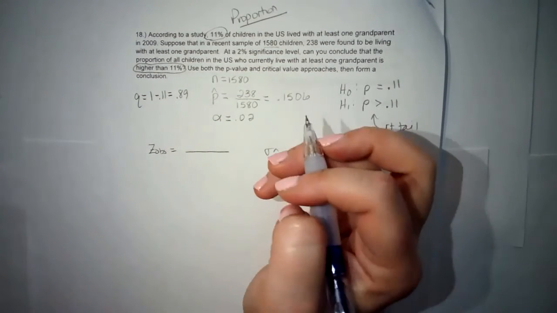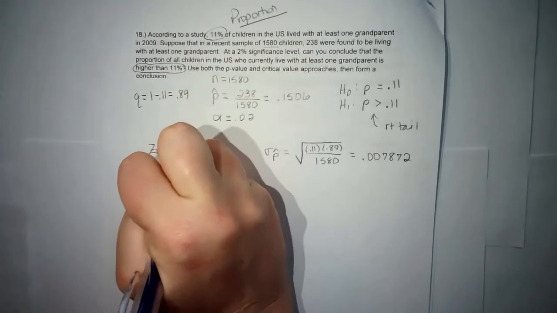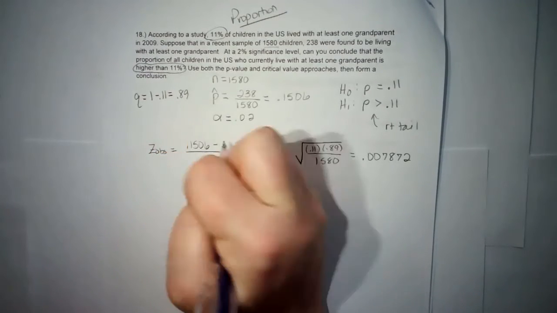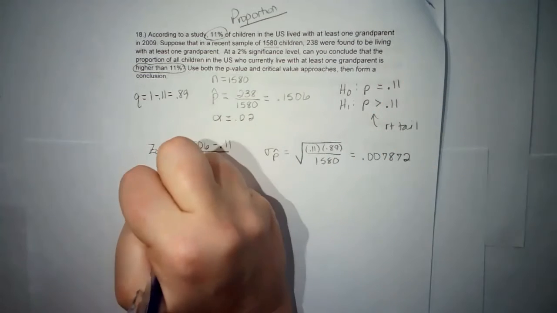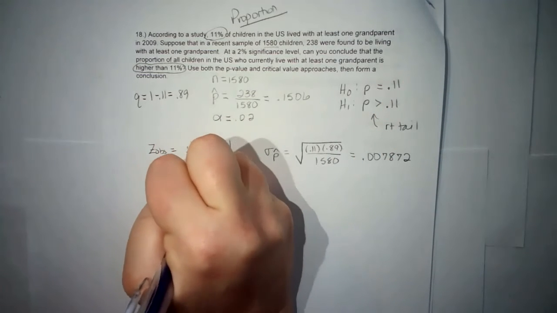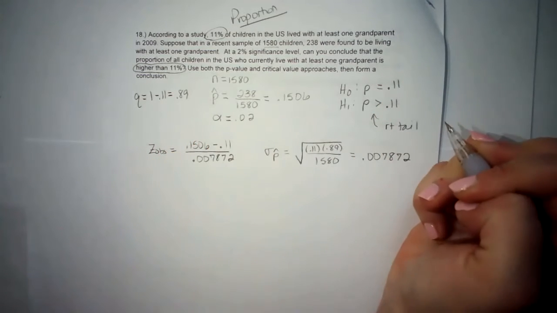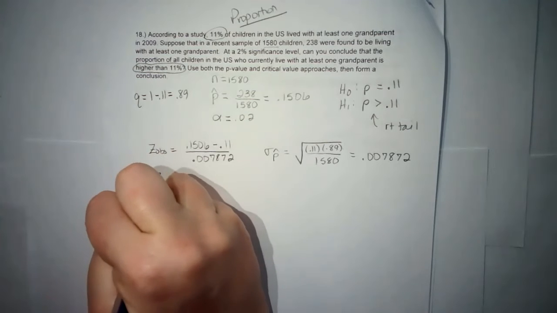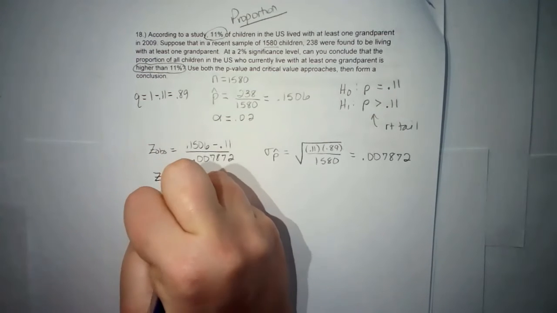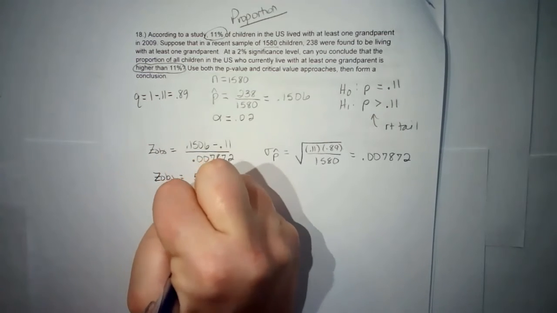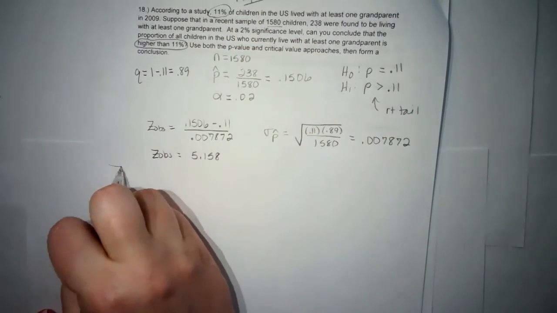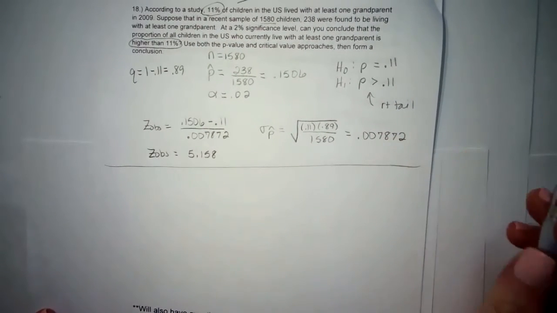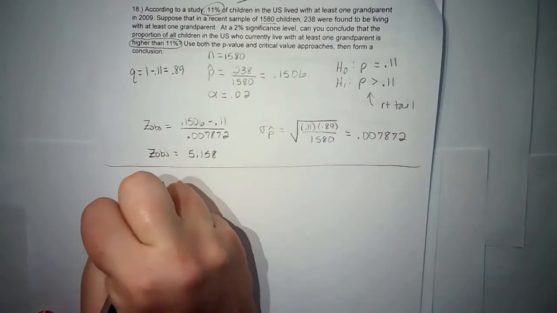Okay, Z observed. I'm gonna have P hat minus P, remember P is your null, so you can get it from right up there, divided by that standard deviation we just found. And my observed is 5.158. Okay. All right, I'm ready for p-value.